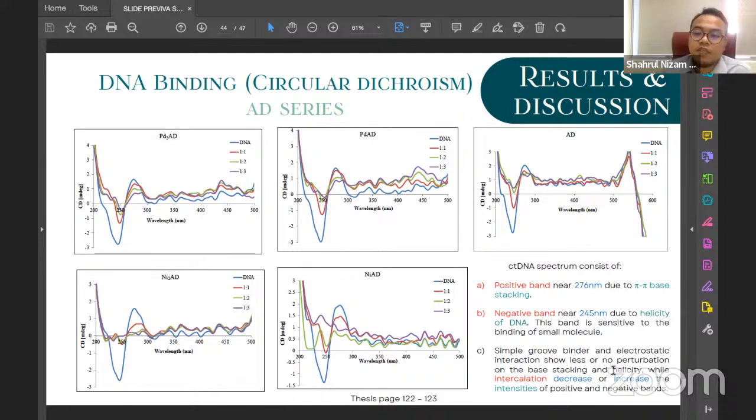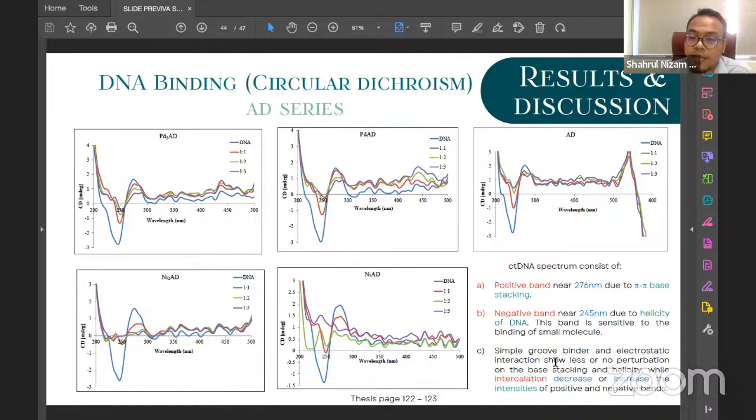Simple groove binders and electrostatic interaction show less or no perturbation on the base stacking and helicity. Remember, earlier I told you there are a few mechanisms to bind with DNA. It can be groove binding, covalent bonding, intercalation, and also electrostatic interaction.